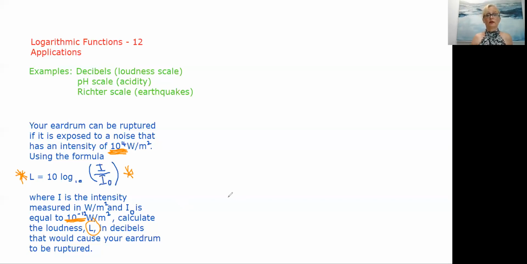All right, well, we've got our formula. So L equals 10 log to base 10. You don't have to write the base 10 if you don't want to. I over I naught. Let's pop in what we know. Okay, so the intensity that would cause a potential rupturing of your eardrum is 10 to the 4.